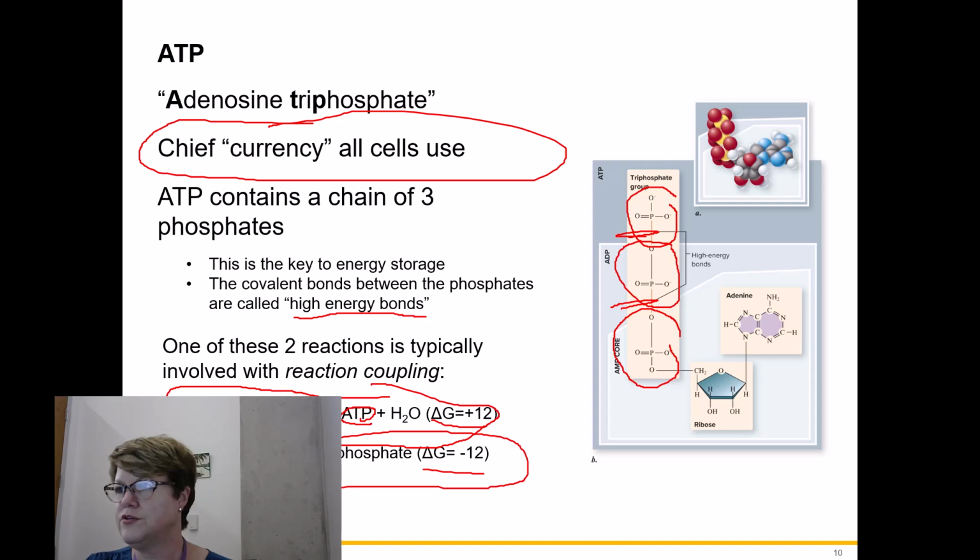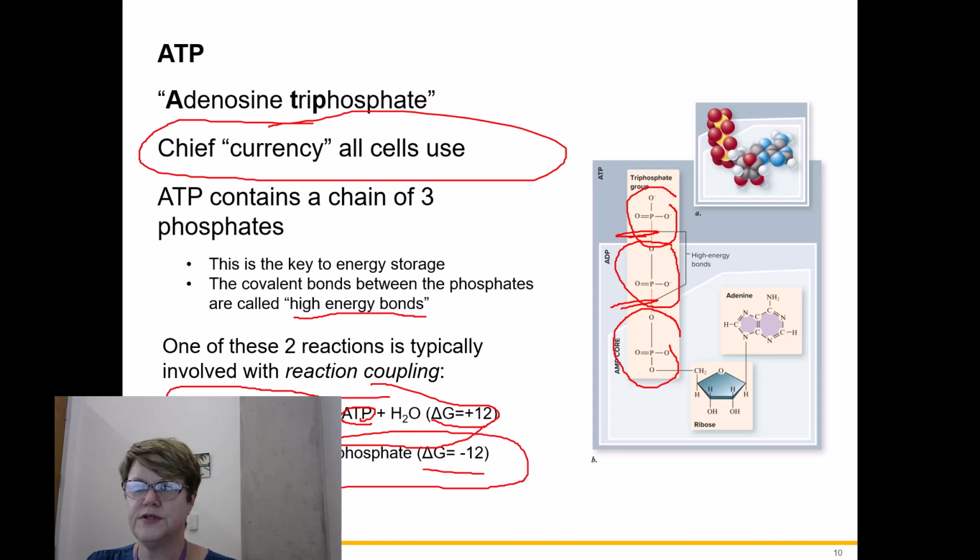In the same way, when you go to a foreign country and you have your US dollars, but they want to use some other type of currency, you have to go to that little window and trade your money in, and they give you the currency for that country. In the same way, when a cell takes in energy in different molecules, it likes to transfer that energy into ATP form. And so that ATP becomes the currency that the cell prefers.